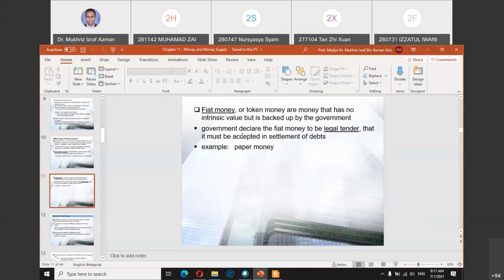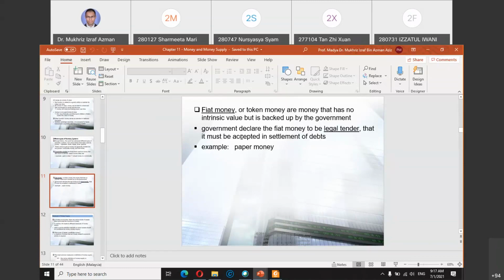If you recall, in Malaysia during the Japanese occupation, they used banana leaf money, duit daun pisang. Now that money has no value, except maybe for collectors, as a collector's item.